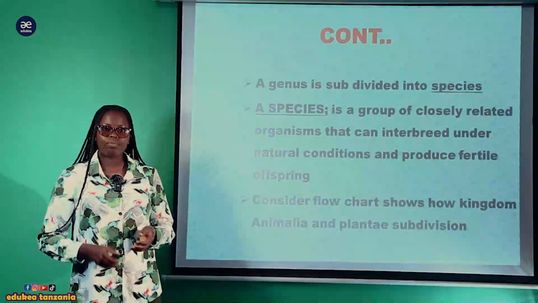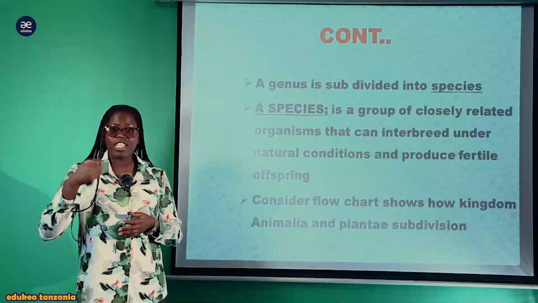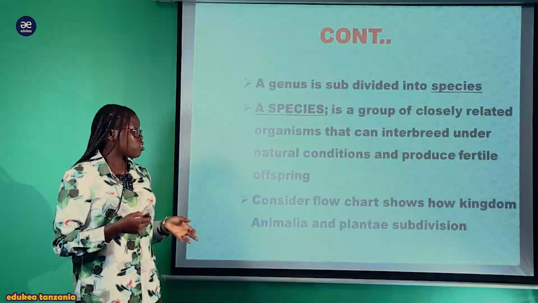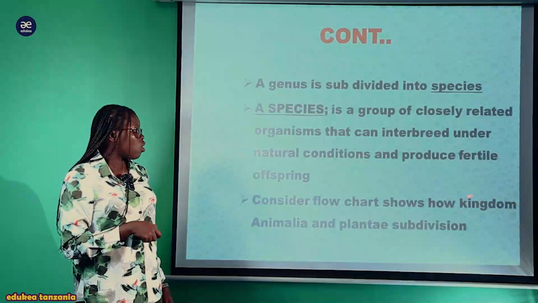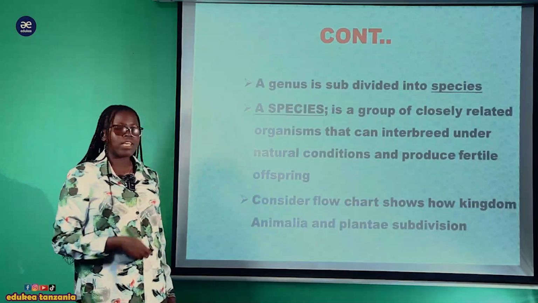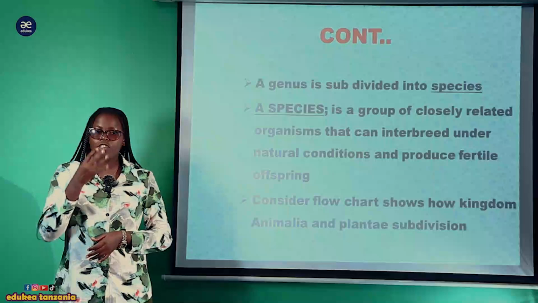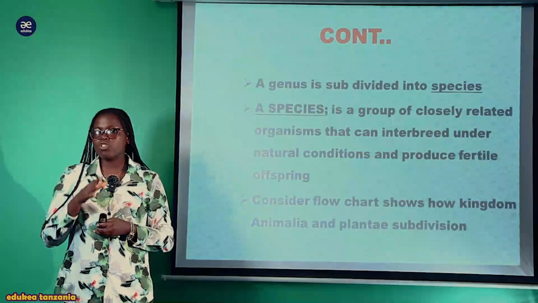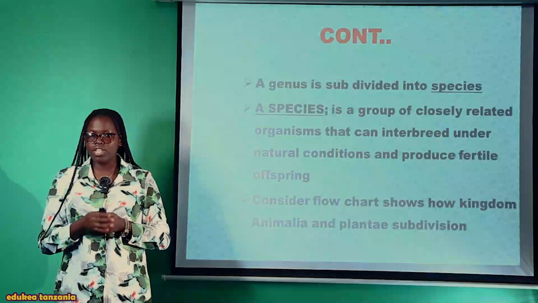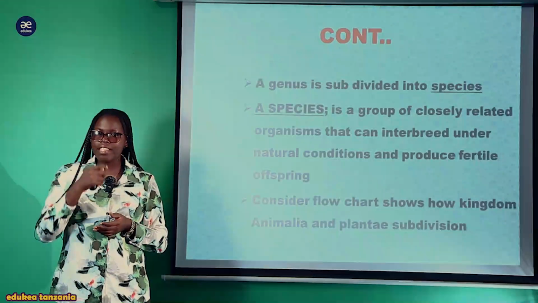reproduction. So now we have to consider the flowchart on how Kingdom Animalia and Plantae are subdivided. Here the flowchart provides the summary of the 7 major taxonomic ranks used in the classification system, starting from the largest one, which is the kingdom, to the lowest one, which is species.